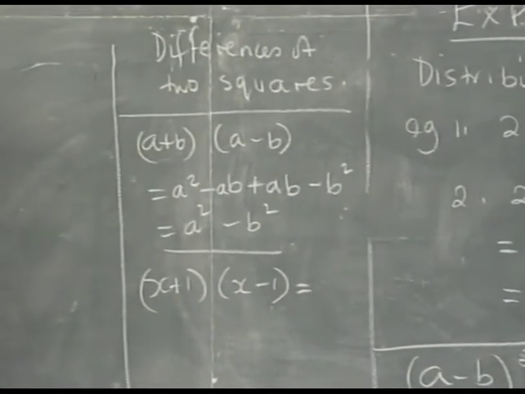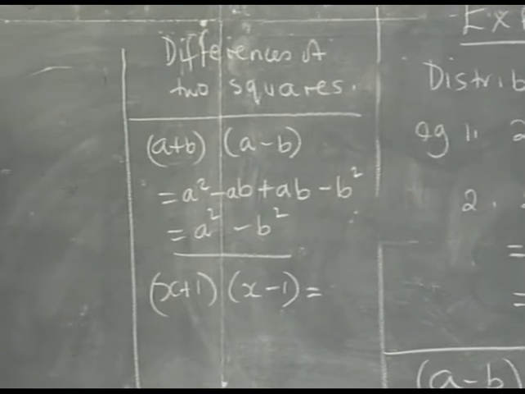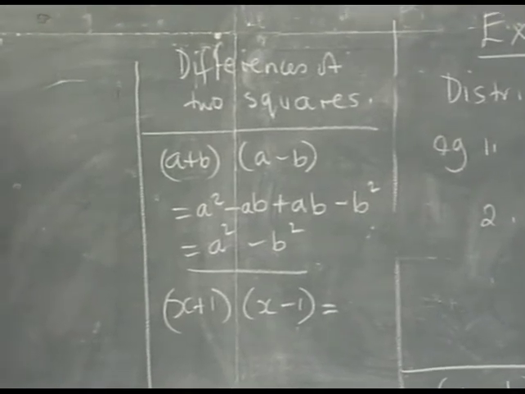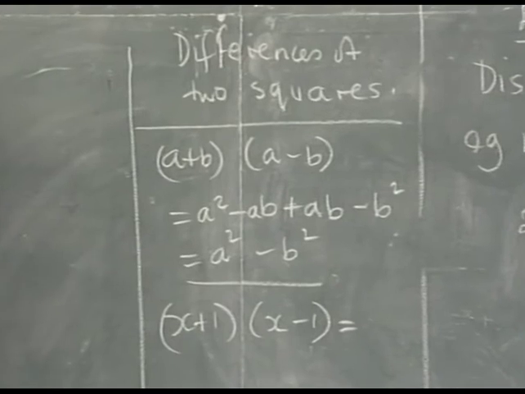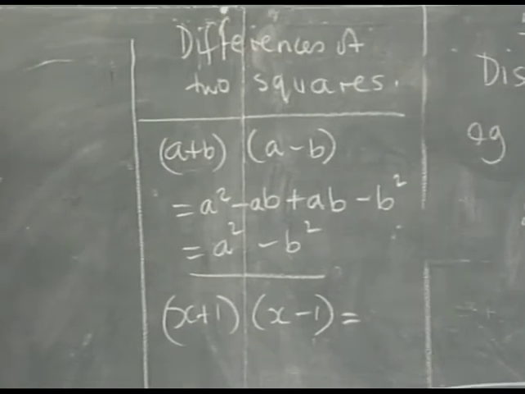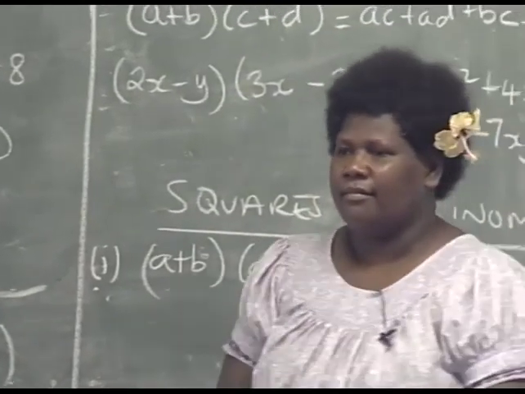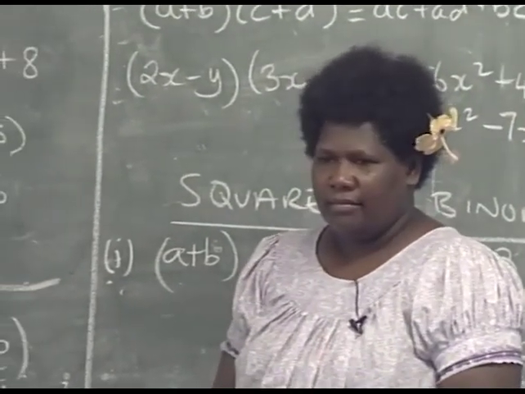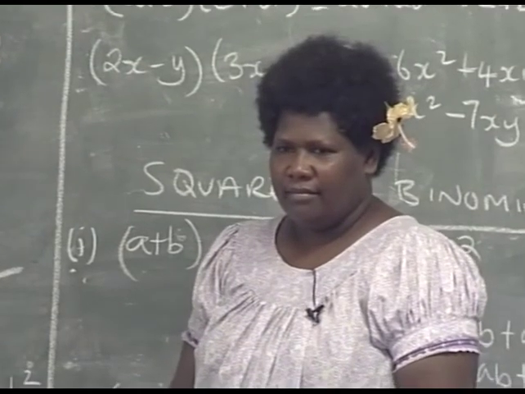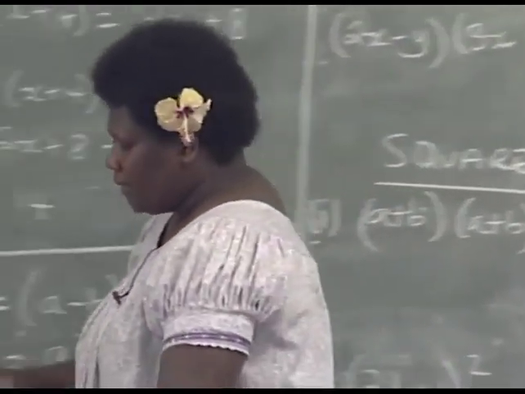Agnes? Is there anyone who thinks they've got the answer to x plus 1 times x minus 1? Geno or Kila? X squared minus 1. X squared minus 1.